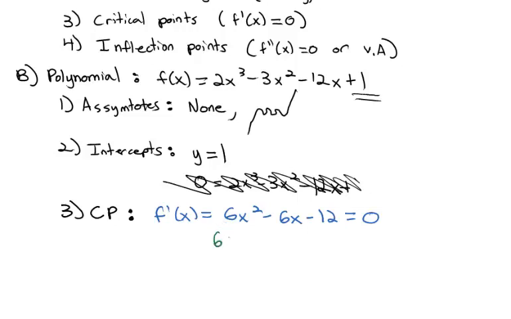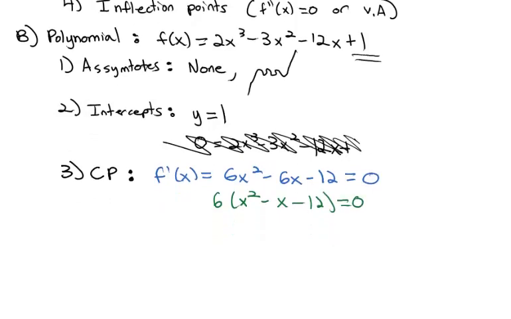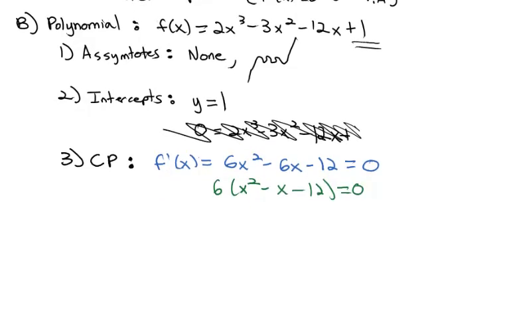Factor out a GCF of 6, leaves behind x squared minus x minus 2 equals 0. 12 divided by 6 is 2. So continuing to factor, we have 6 times x minus 2 times x plus 1 equals 0, and so we find that x equals positive 2 and x equals negative 1.